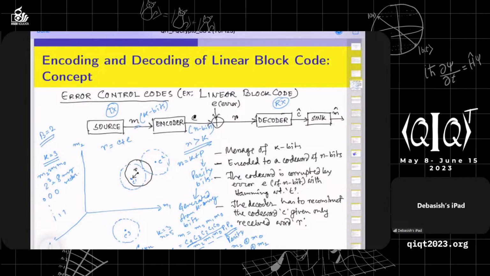A k-dimensional sphere, obviously. Now my aim is how, from this R, my decoder will recover C from the received word R. There can be many cases. R may be mapped to C1 or C2. How will I decide? Around each code word we hypothetically draw a k-dimensional sphere whose radius is t.